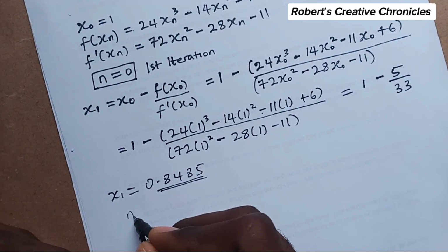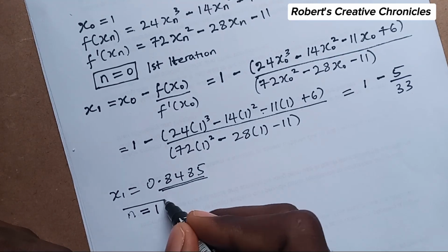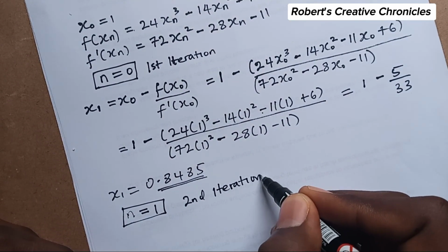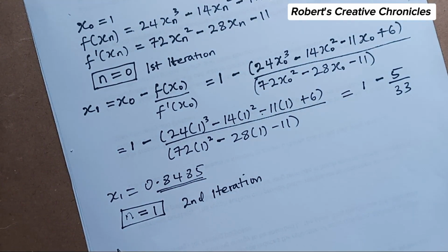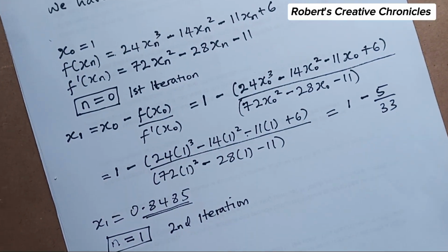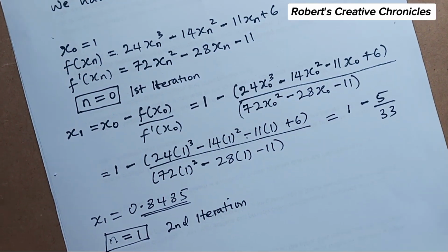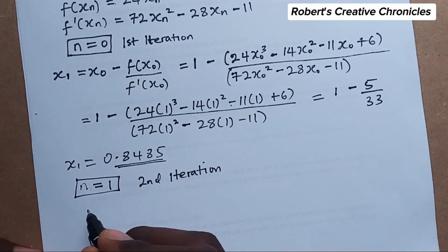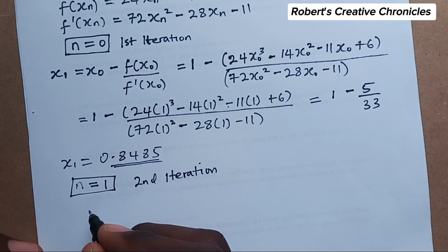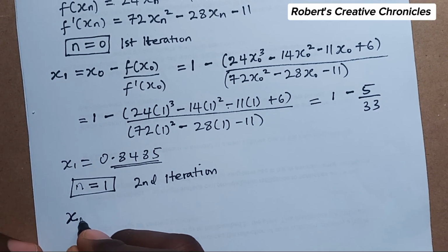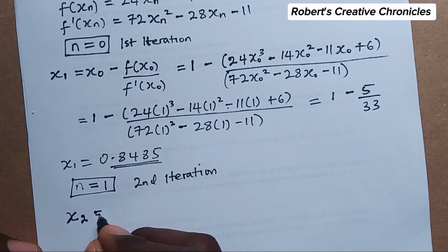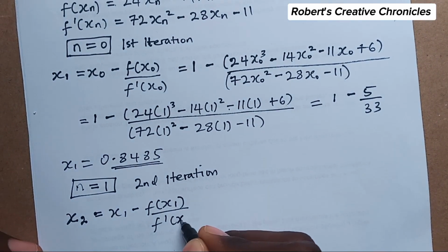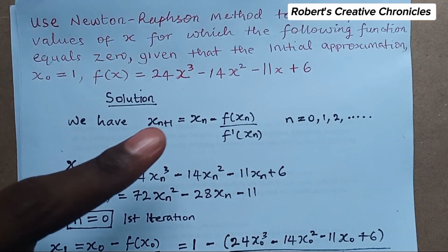So the second iteration, n is equal to 1. If we substitute n equals 1 into the Newton-Raphson equation, we will get x2 equals x1 minus f of x1 over f prime of x1.